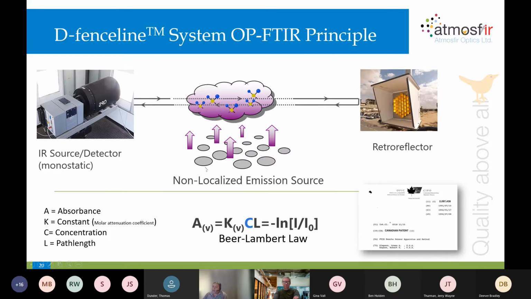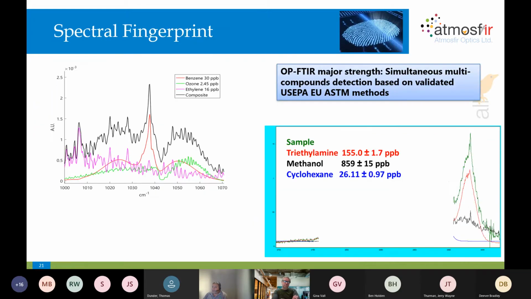How we do the quantification? We use Beer-Lambert law that says the absorption equal constant multiplied by the concentration and the path length. If we know, and it's easily to know what is the path length, we can measure the absorbance. So now we can tell you what is the concentration based on official US EPA method.